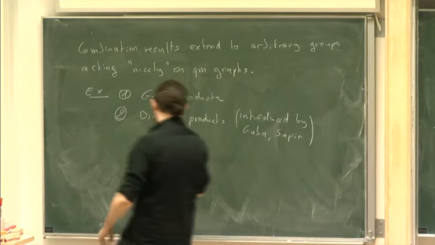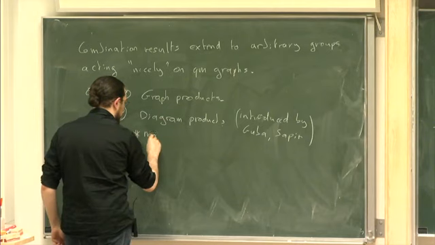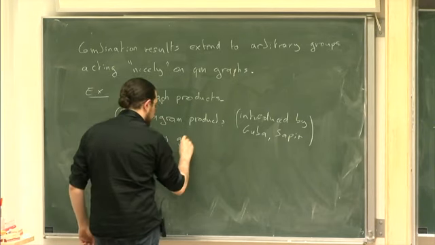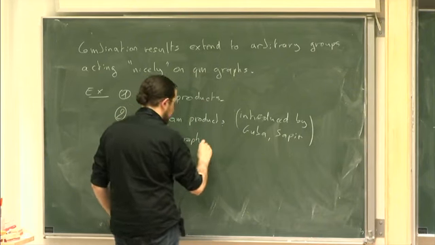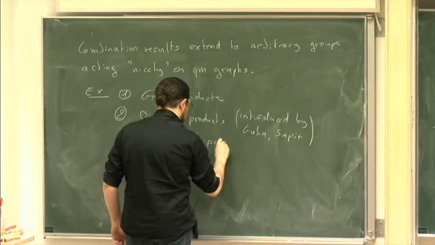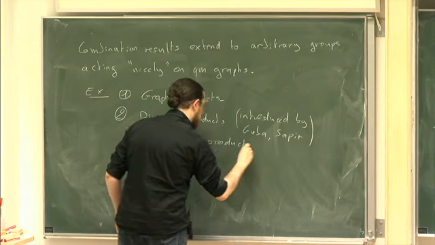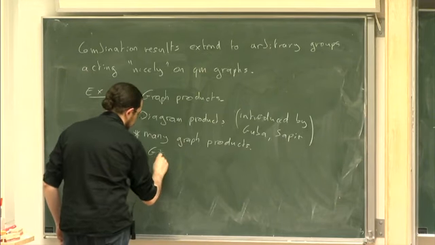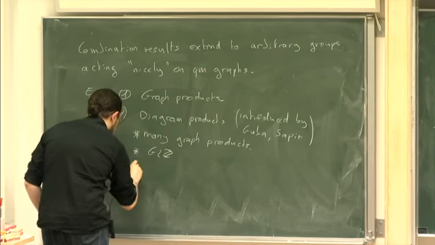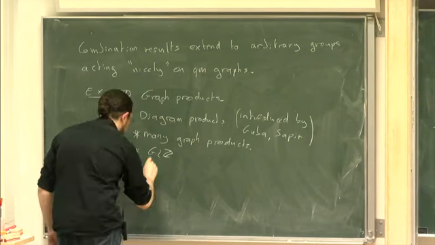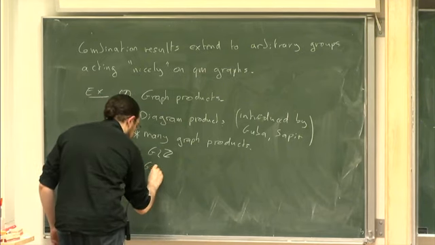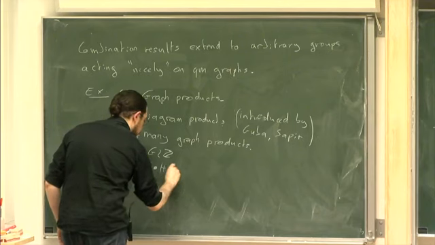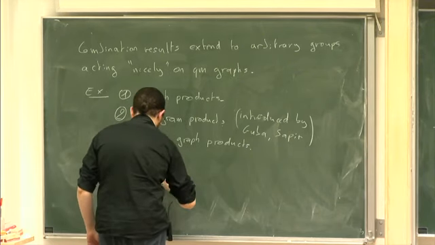So we have many graph products. Here this is not really interesting, but we also have some more. We have the wreath product with a copy of Z. We have something like a kind of lamplighter product, which is defined with the following relative presentation.